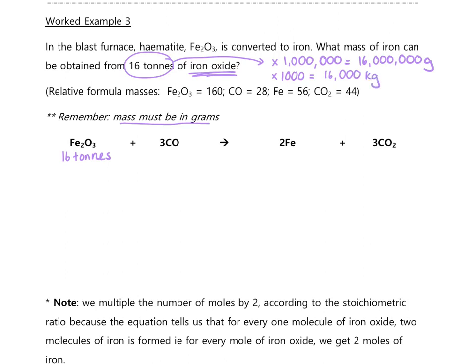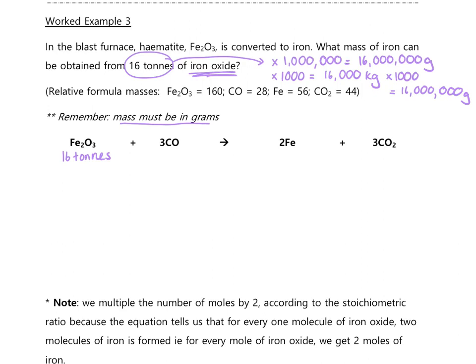And then how do you convert from kilograms into grams? Again, you multiply by 1,000. That's adding on 3 more zeros, and so you would get 16 million grams. So either you can do it one step by multiplying by 1,000,000, or if you remember that it's 1,000 kilograms and that there's 1,000 grams in each of those kilograms.